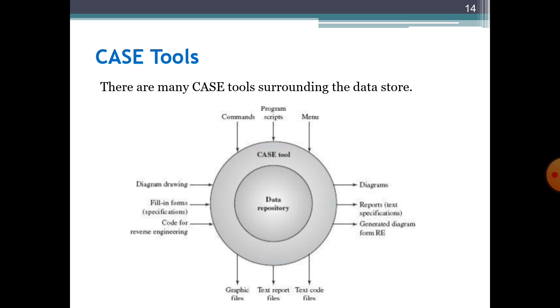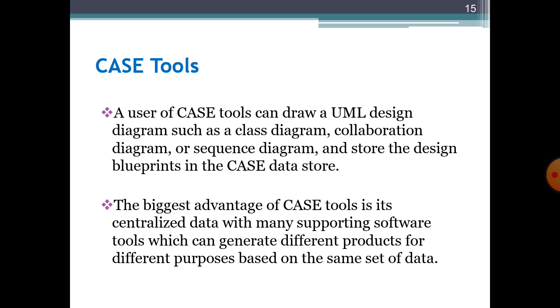So here is a brief description about CASE tools, and we have already discussed UML diagrams as well. This is another important aspect of CASE tools which are surrounded by a data store.